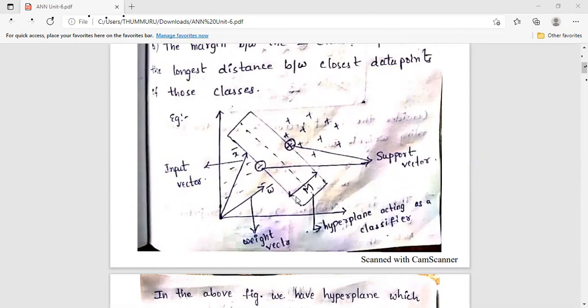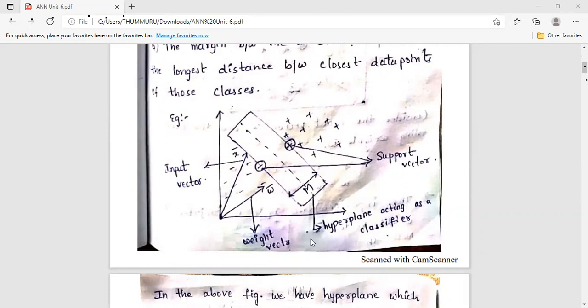Only in SVM can we draw these decision boundaries, which show how much space there is between two classes. This kind of facility is not available in single layer perceptron as well as in RBF networks.